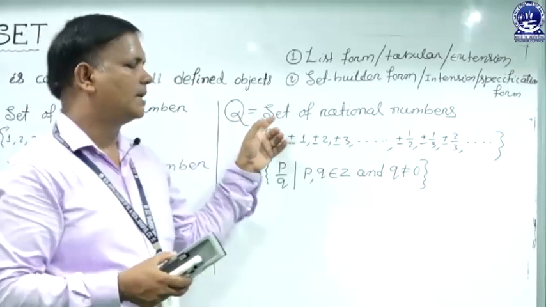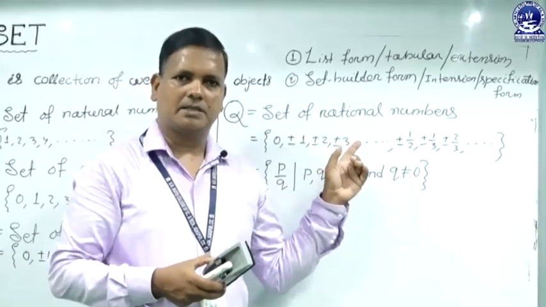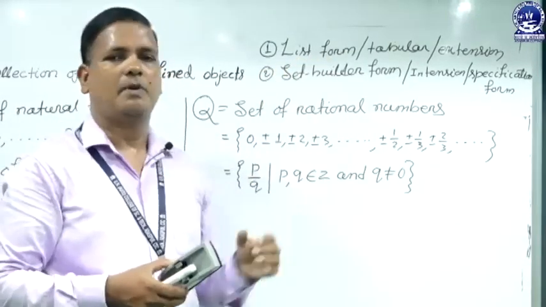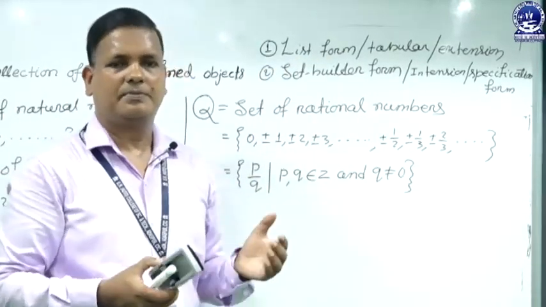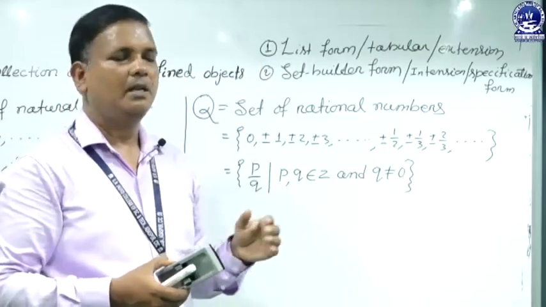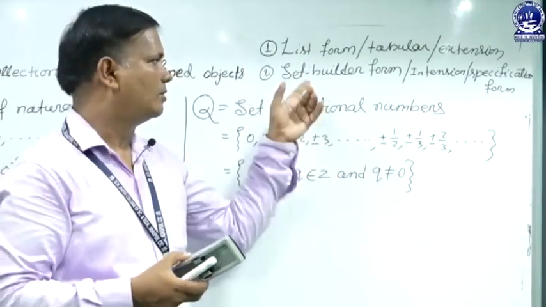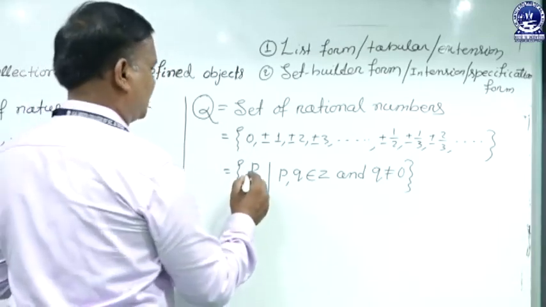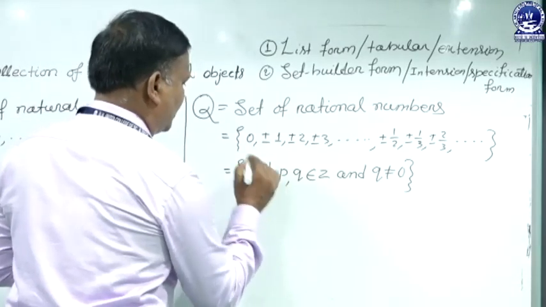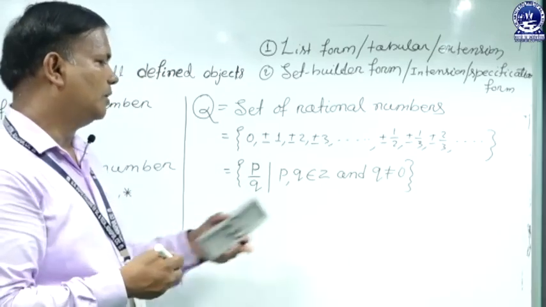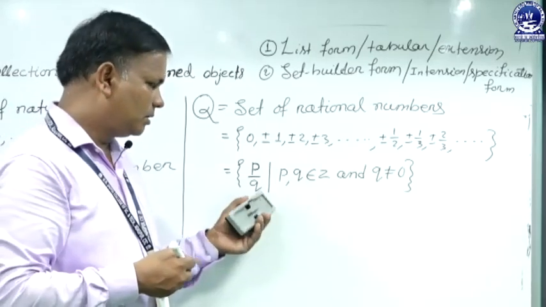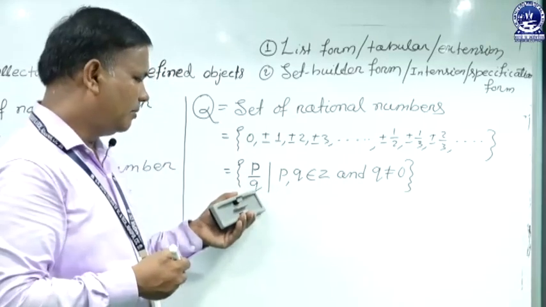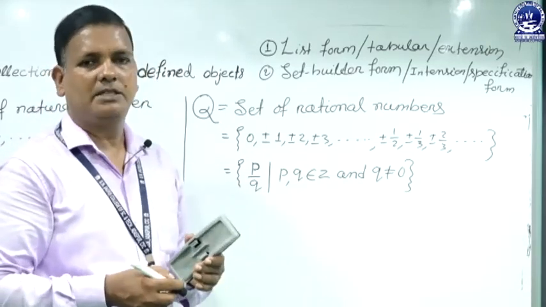Here the set of rational numbers cannot be expressed in list form. So it is already written in set builder form, that means intention form. Here P and Q are both integers, but the denominator Q is non-zero. When the denominator is 0, it cannot exist.